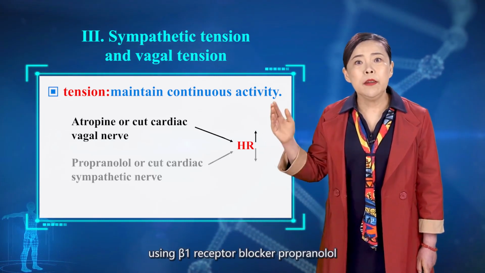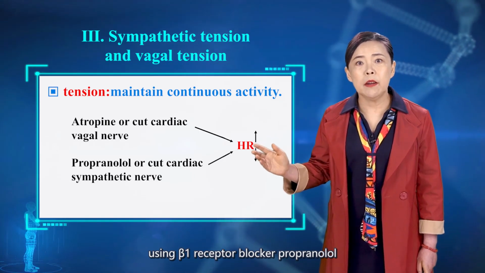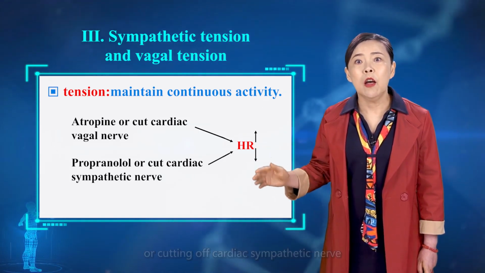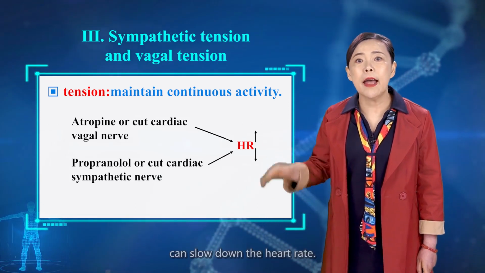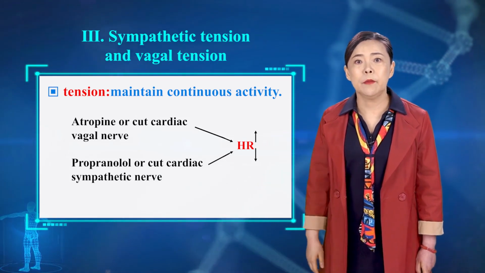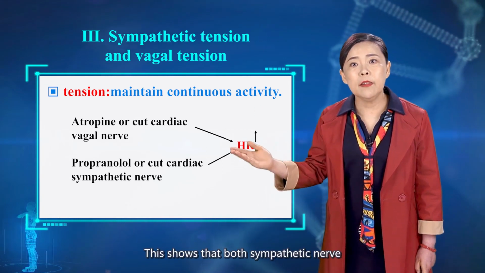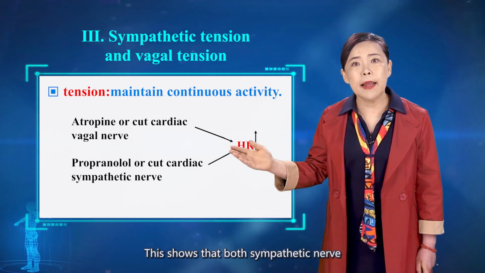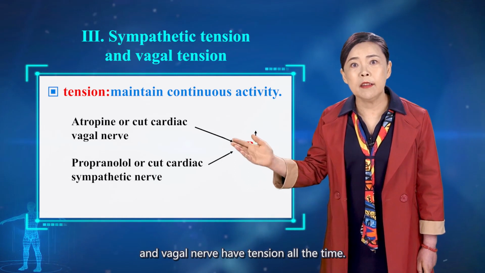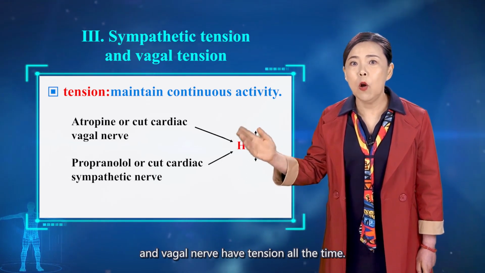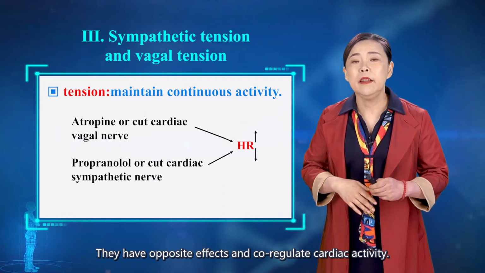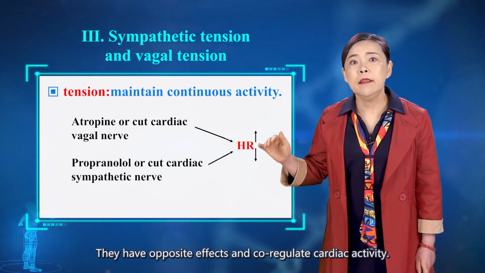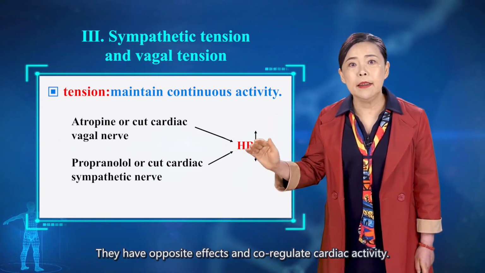However, using the beta-1 receptor blocker propranolol or cutting off the cardiac sympathetic nerve can slow down the heart rate. This shows that both the sympathetic nerve and the vagus nerve have tone all the time. They have opposite effects and co-regulate cardiac activity.